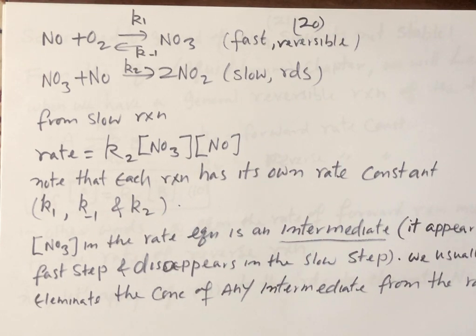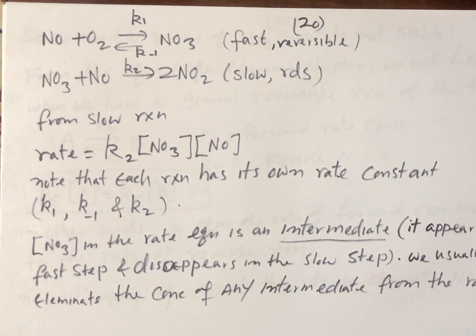Okay, now just a matter of notation. Usually for the reactions given in the mechanism, we use a K to describe the rate of that reaction.